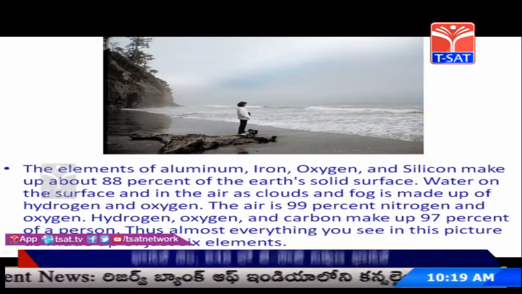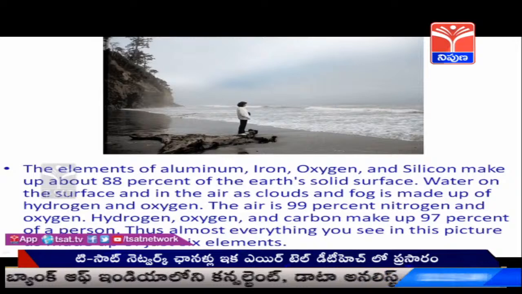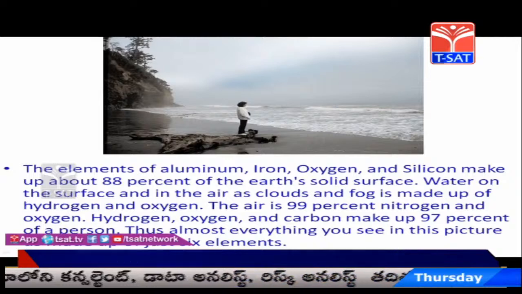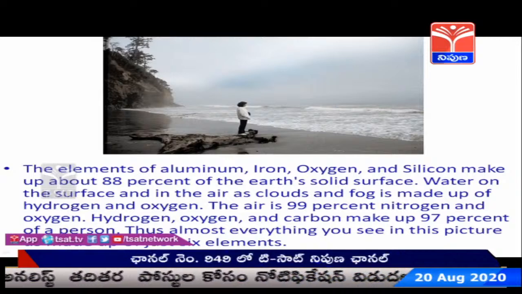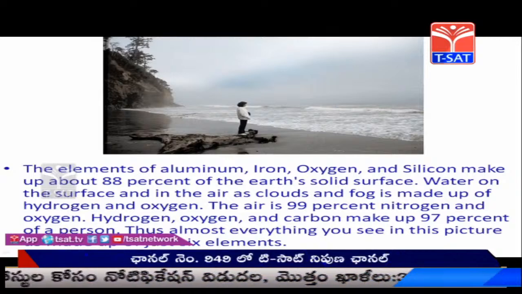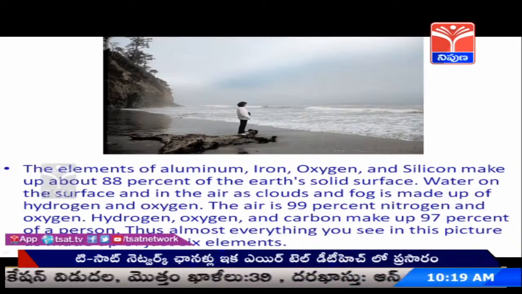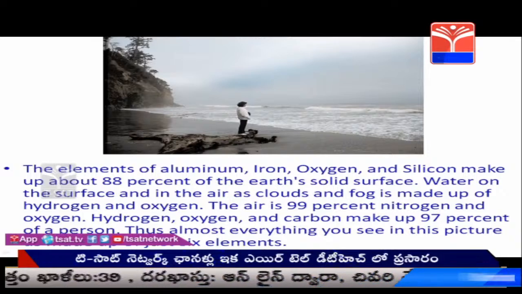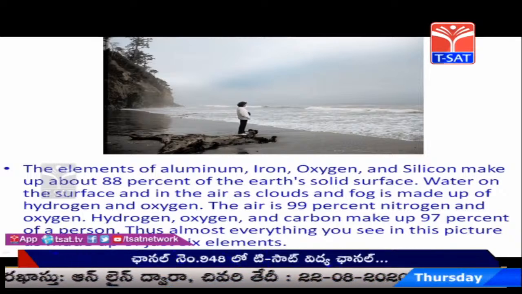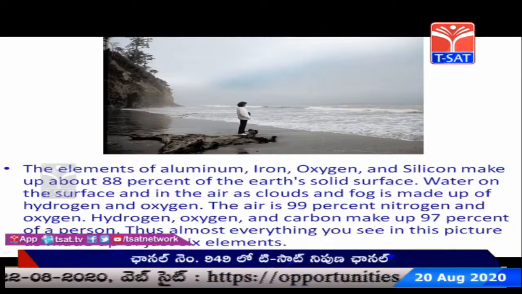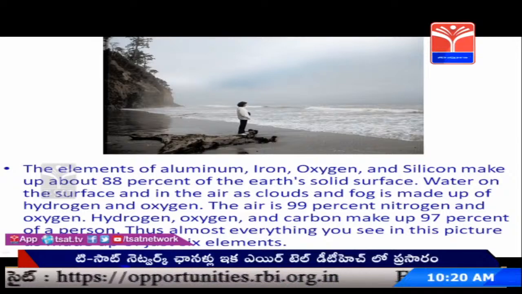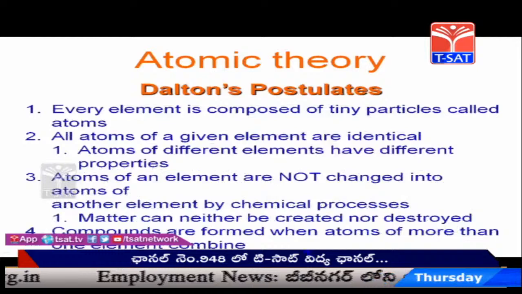Water on the surface and in the air as clouds and fog is made up of hydrogen and oxygen. So, water is the essential substance for a living being. Water is also a compound, a chemical, made up of two elements called oxygen and hydrogen.